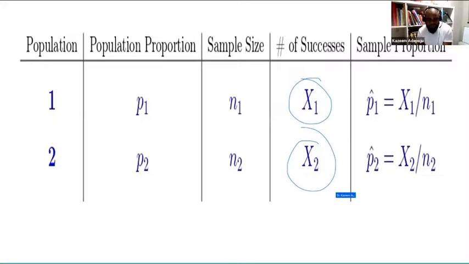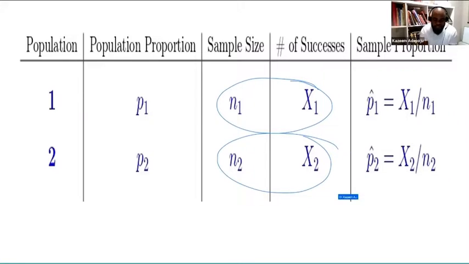So take a look at this now. I'm going to take a sample of N1 from the first population, and a sample of N2 from the second population. From the sample of N1, X1 is going to be the number of characteristics of interest that I'm looking for in the first population, and X2 is going to be the number of characteristics of interest that I observe in the second sample.